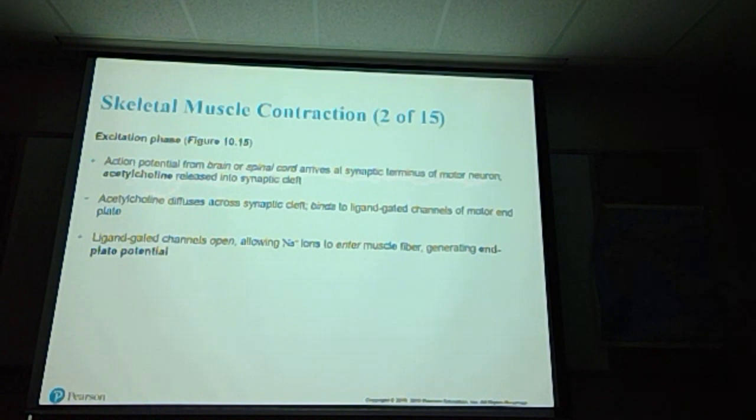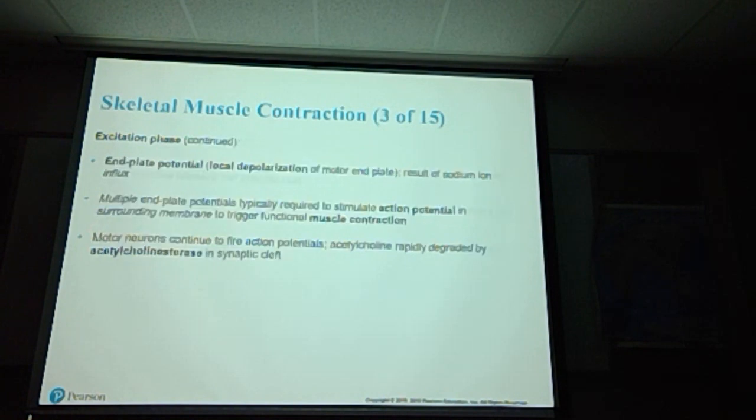Acetylcholine is released into the synaptic cleft. The acetylcholine diffuses across the cleft and binds to the ligand-gated channels of the motor end plate. The ligand-gated channels open, which allows sodium ions to enter the muscle fiber, generating the end plate potential.